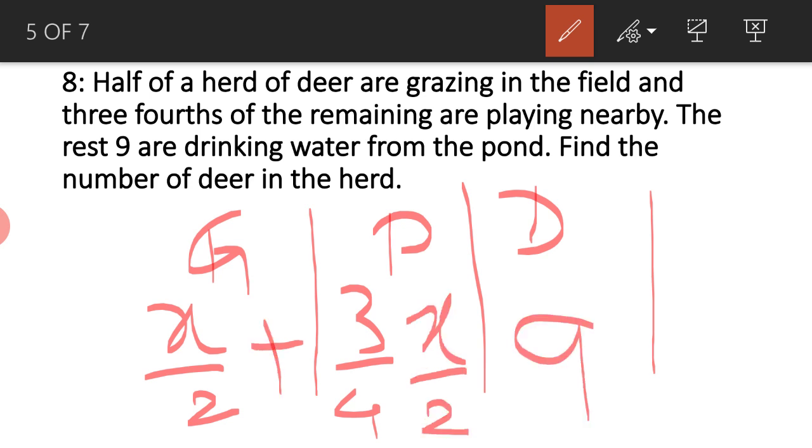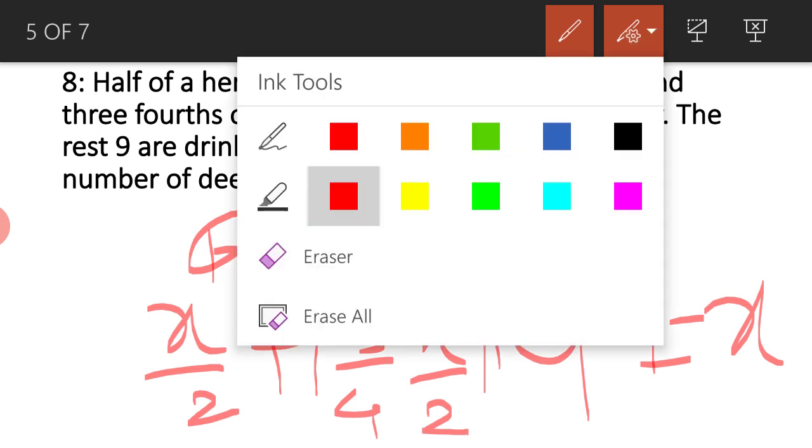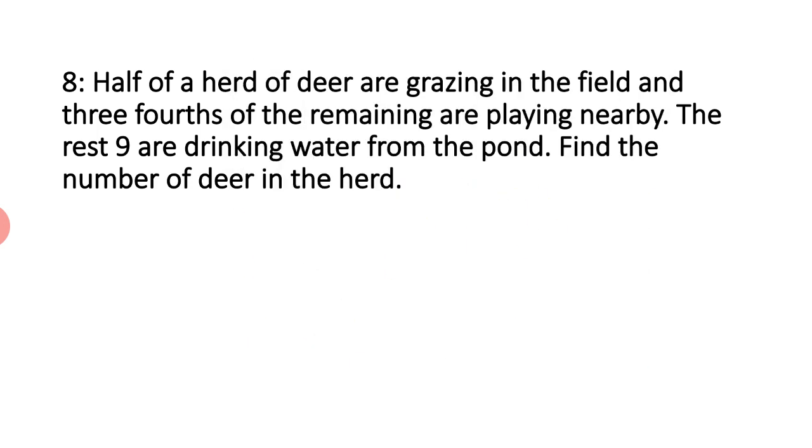But together, what will be the sum of these three numbers? Those will be x, that is the total number of deer. Are you getting? So this will be our equation: x by 2 plus 3 by 4 of x by 2 plus 9 is equal to x. Did you understand?